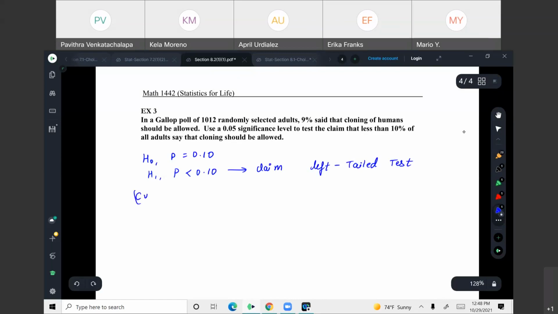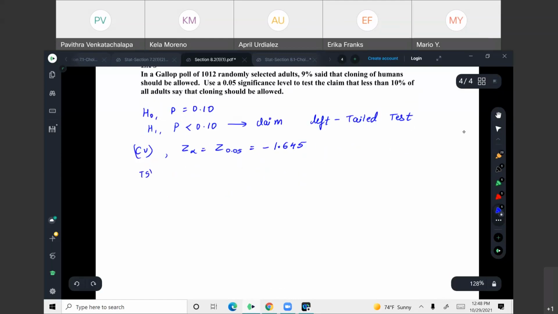According to your critical value, Z alpha, which is 0.05, this value would be minus 1.645. And according to test statistic, Z equals p cap minus p divided by square root of p q divided by n. Everything is given. Just substitute that here and we'll get the answer.